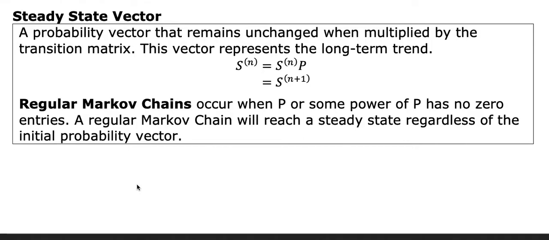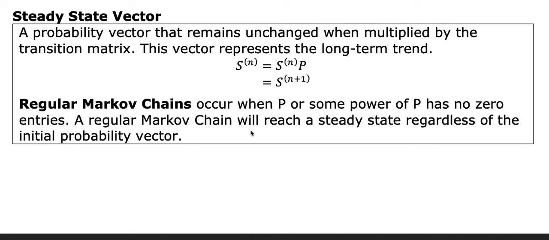The steady state vector: a probability vector that remains unchanged when multiplied by the transition matrix. This vector represents the long-term trend. So if Sn, the nth step, is the same as the nth step times P, meaning no changes happened, or that the nth step is the same as the next step, n plus 1, then it's reached a steady state.